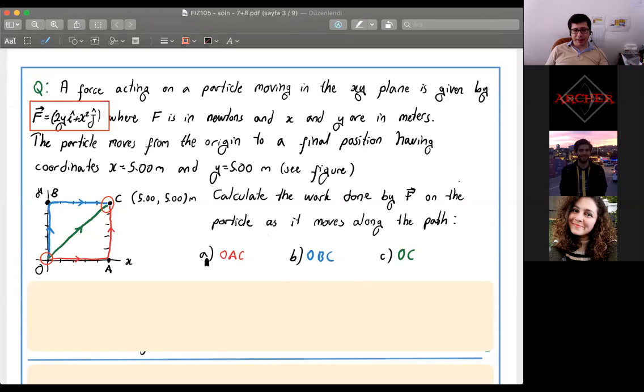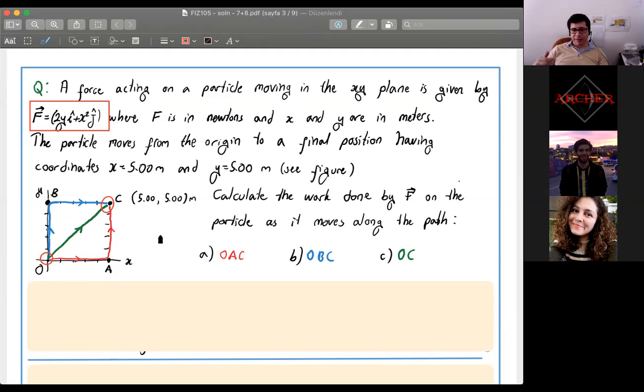What are they? First path, OAC. What's the work done if the object moves from O to C using this path? Part B, using this path. Part C, using this path.